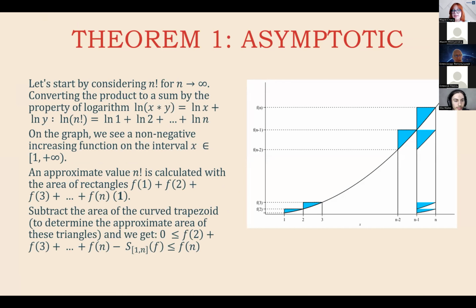Our first theorem was asymptotic. It's usual, it's easy. We take n factorial for n approaching infinity and convert the product to a sum by the property of the logarithm. The logarithm of a product is equal to the sum of logarithms.